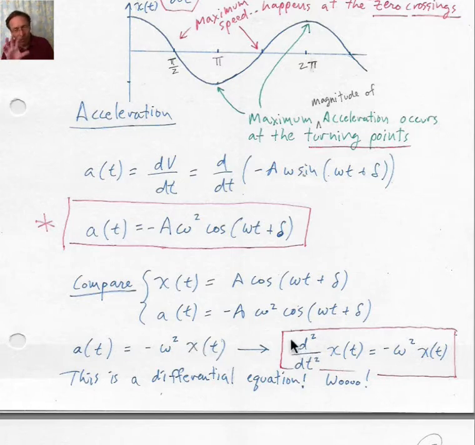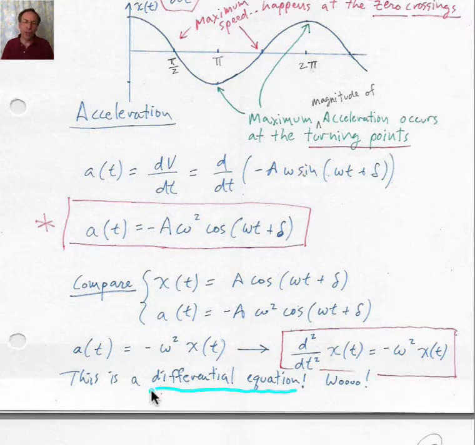And so now we're going to go off into calculus land here. This means that the second derivative of the position is equal to minus omega squared times the original function. And so you see, there's a really special calculus thing. This is like for third year calculus. You have the derivative of a function equal to itself times a constant. That kind of thing is called a differential equation.